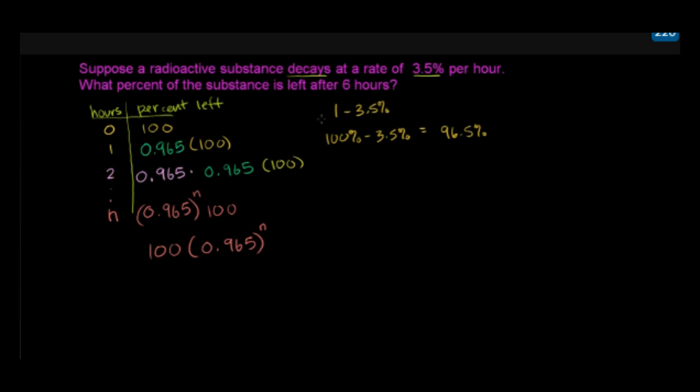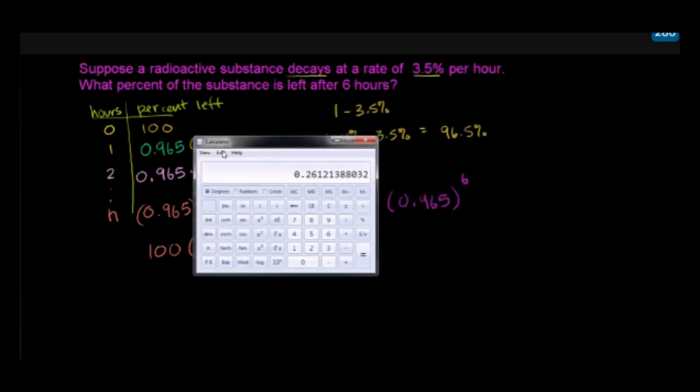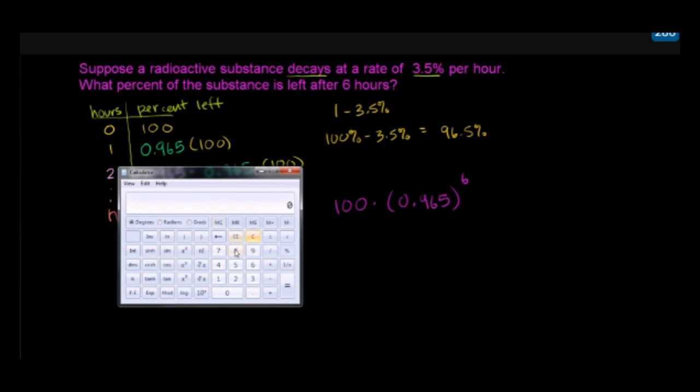Well, now we can answer the question. After 6 hours, how much are we going to have left? Well, we're going to have 100 times 0.965 to the 6th power left. We can use a calculator to figure out what that is. Let's use our trusty calculator.